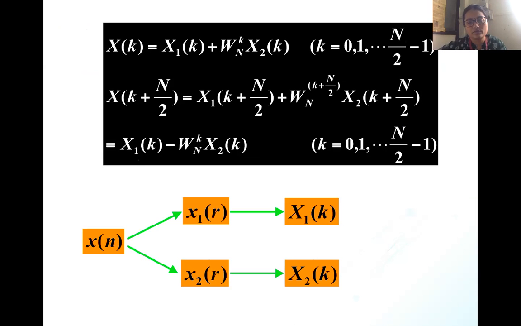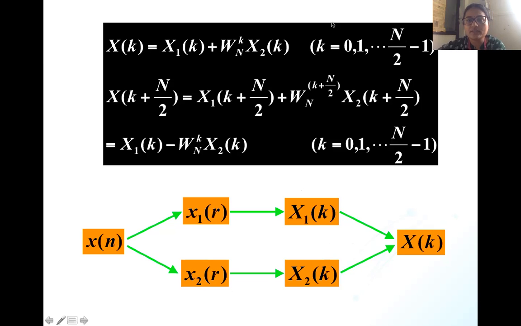the computation of DFT. So x of n is divided into two parts, x1 of r and x2 of r. Individual values of X1 of k and X2 of k are calculated, and by combining these, we get the output value X of k.